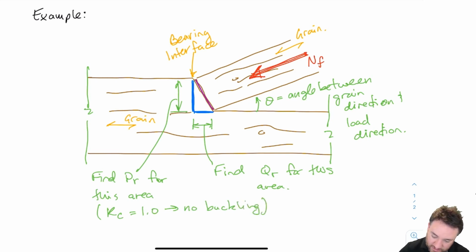Okay, so I've taken my NF and split it into two components, one perpendicular to grain and one parallel to grain. But I'm not going to compare those individual components to the individual resistances. Instead, I'm going to take my total NF and compare it against a resistance.